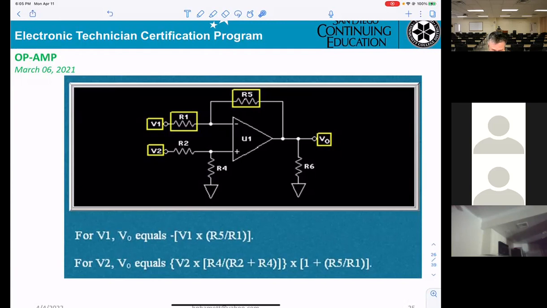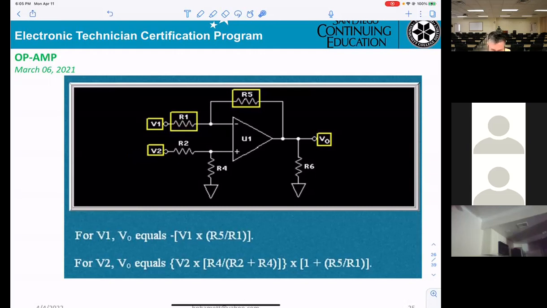If you want to solve for V2, V1 will be grounded. That's what they call superposition. So if you ground it here, now I want to deal with V1 only.